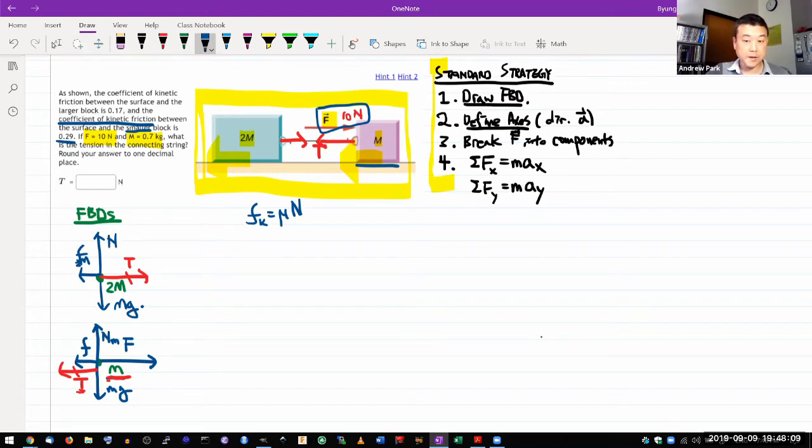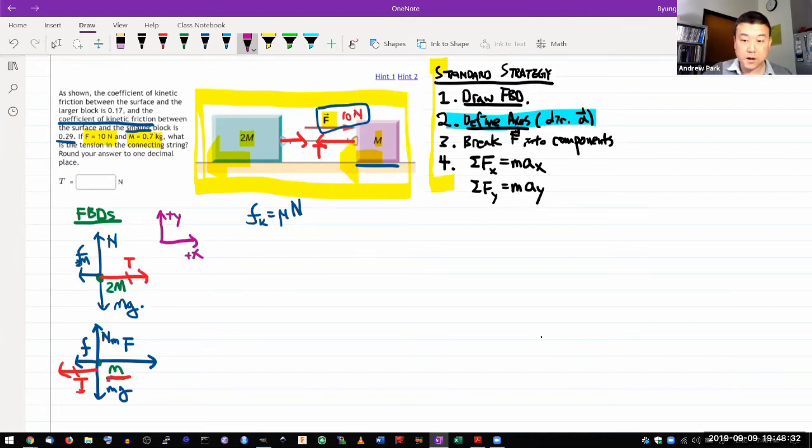And let's keep stepping through the standard strategy. It says define the axis. So here it looks pretty simple. It looks like everything's either horizontal or vertical. So I'll say that's going to be my axis. Horizontal to the right is my plus x. Vertical upward is my plus y.